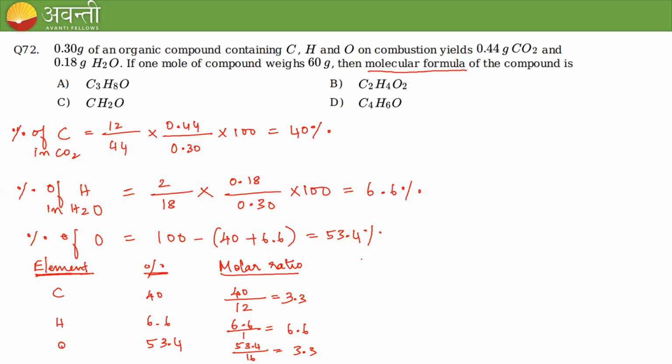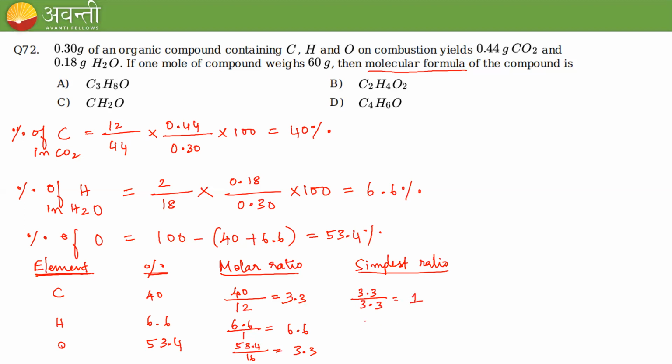Now we have to find out the simplest ratio, right? To find out the simplest ratio, we need to divide the number of moles by the smallest number. Among 6.6 and 3.3, 3.3 is the smallest one. So divide each molar ratio by the smallest number.